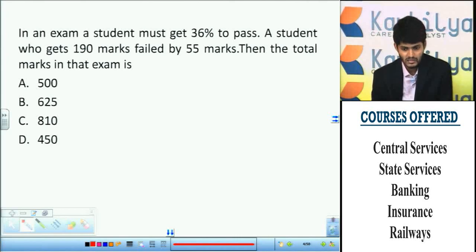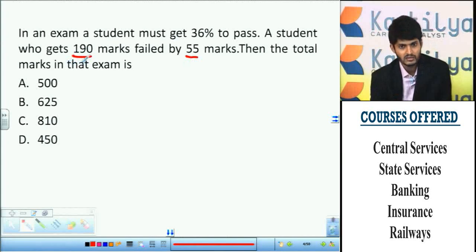Since we don't know what the total marks for the examination is, that is what he is asking: the total marks in the exam would be how much? This is the question. Just like in the earlier problem, we would have taken 100, but the values are given absolutely, where 190 is given and 55 is given. Instead of just taking 100, I will take 100x as the total marks.